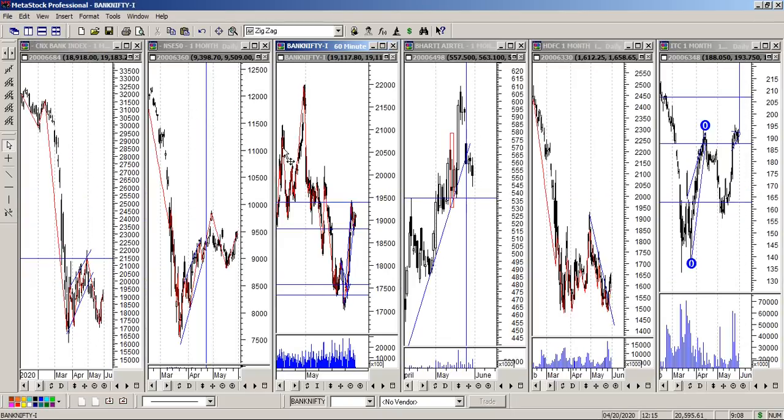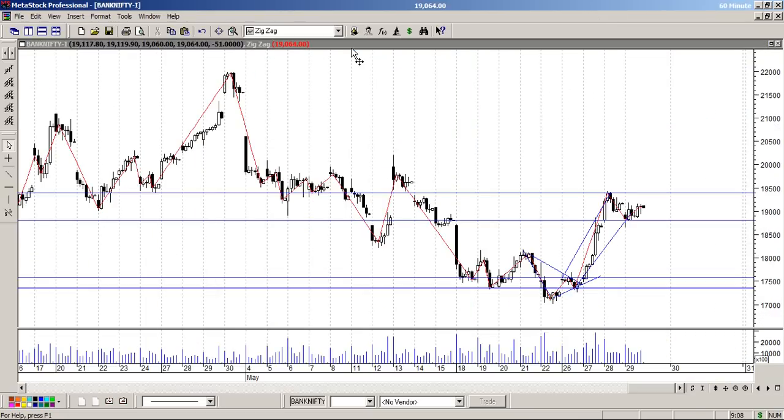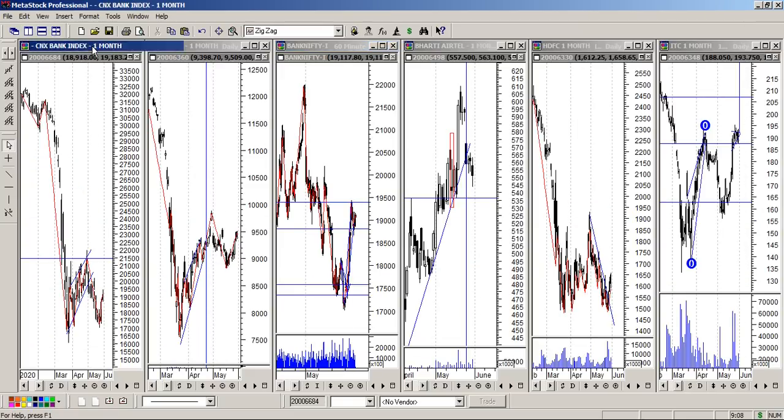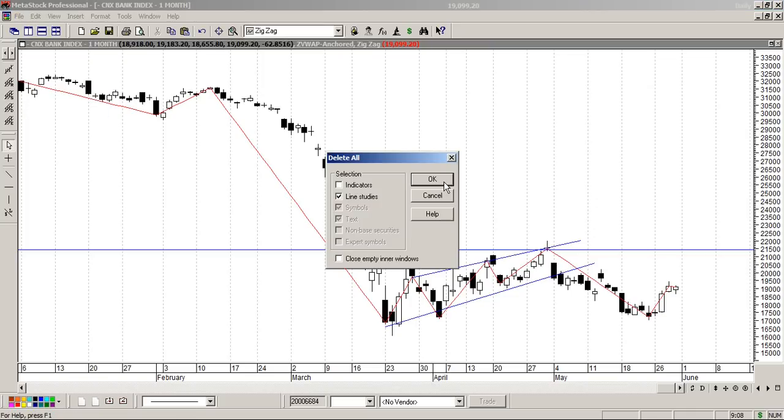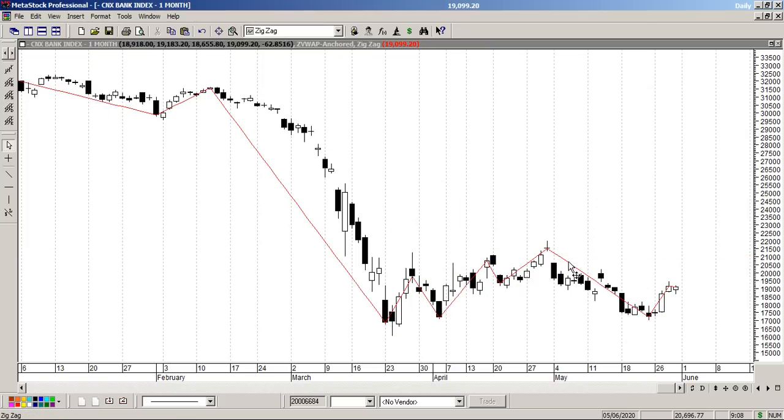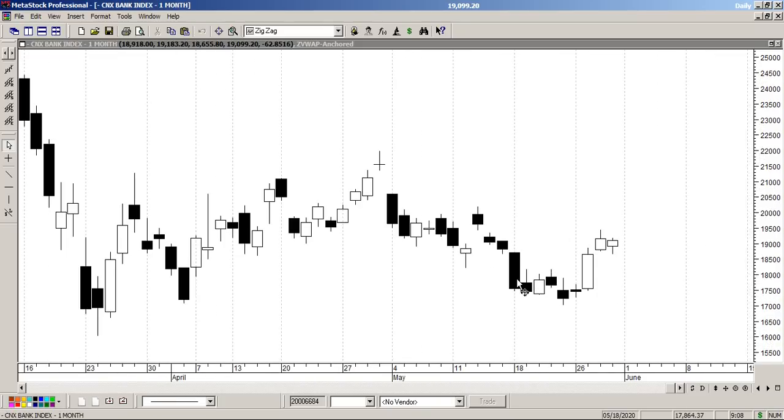Now, if you're following the trend line webinar, the trend line YouTube video, I gave you 3-4 charts last week. On Bank Nifty, I drew a trend line like this.